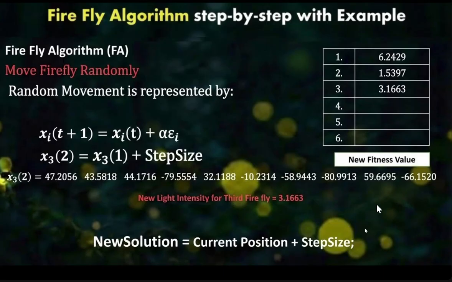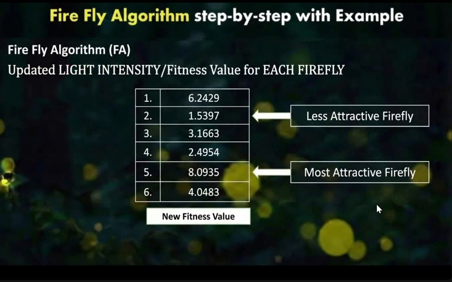In the next slide, after this process is iterated through, we find the new updated fitness value and light intensity for each firefly. The new most attractive firefly turned out to be the fifth firefly, and the least attractive firefly turned out to be the second firefly.